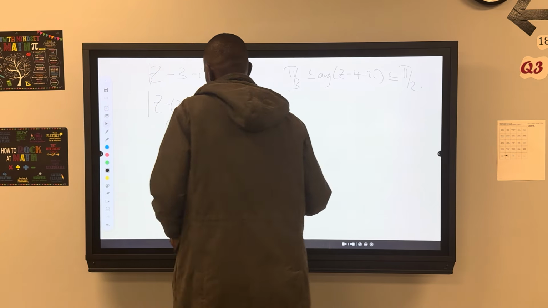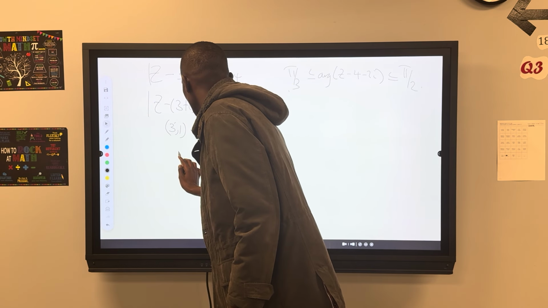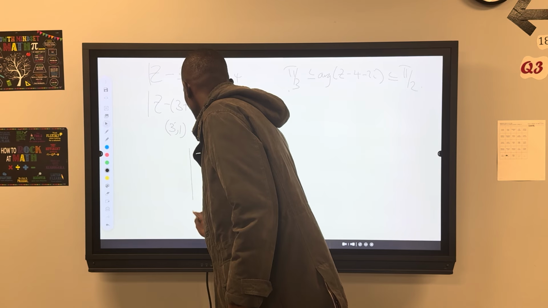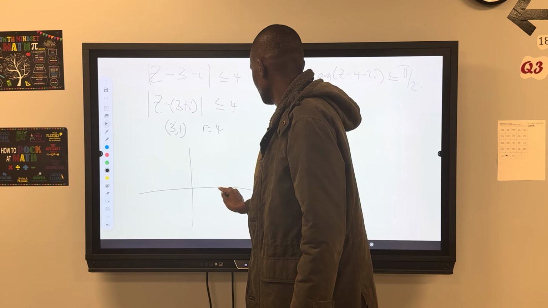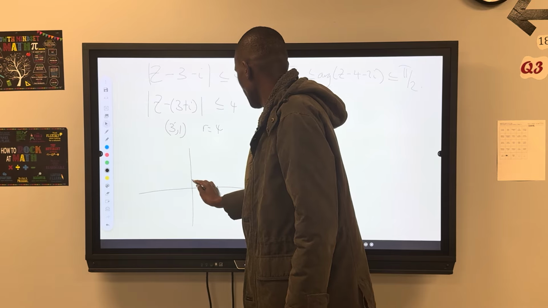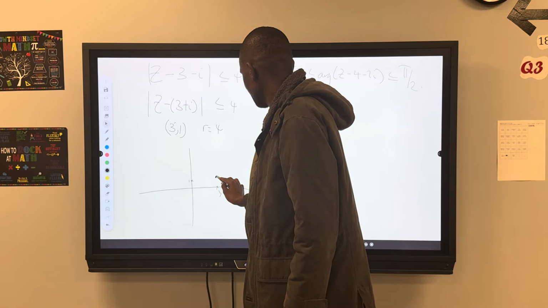Then if we were to draw this, it's going to be something like that, right? So my center is 3 for x and 1 for y. So it's somewhere there. That's where my center is.